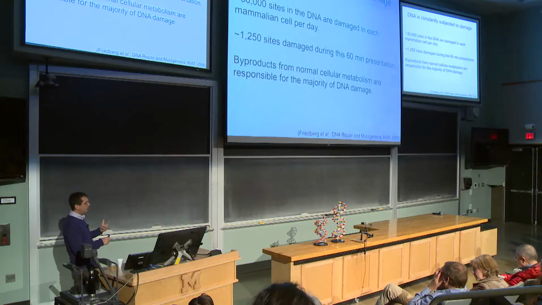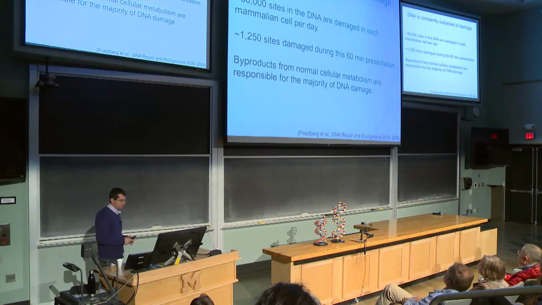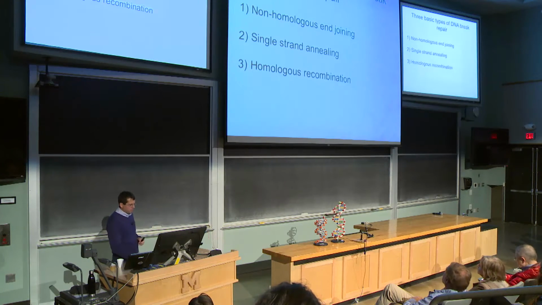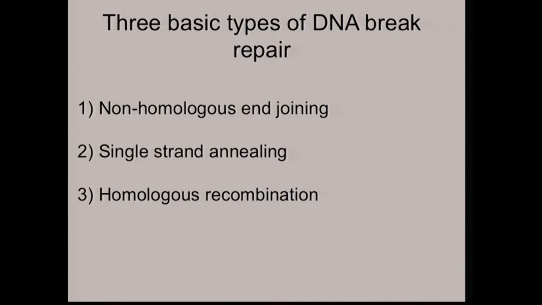But this is just due to the normal byproducts of cellular metabolism, which are reactive oxygen species. Okay. So as far as DNA break repair goes, and just to be clear, with the 30,000 sites, those are not breaks. Those are mostly lesions. Breaks make up a very small percentage of the damage that your cells would have.